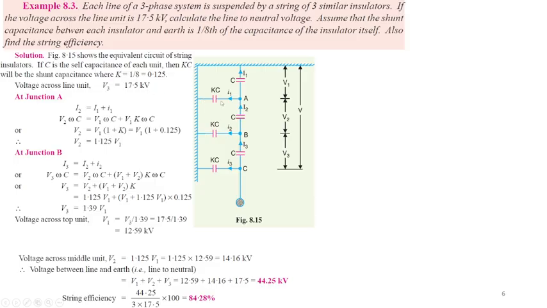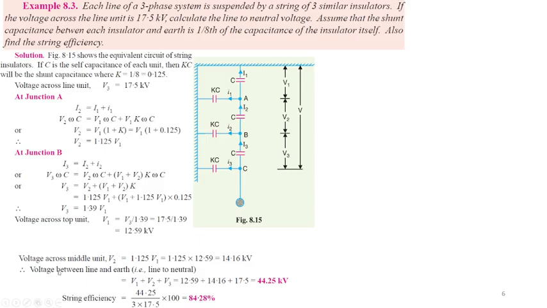So we can write Kirchhoff's current law at junctions A and B, similar to the previous one, and we will have these two relationships for V2 and V3. We know V3, so we can find V1, and then we can put it here and find V2.